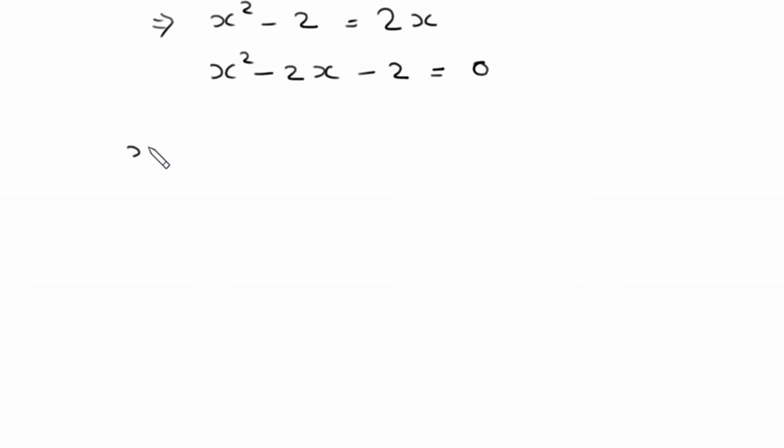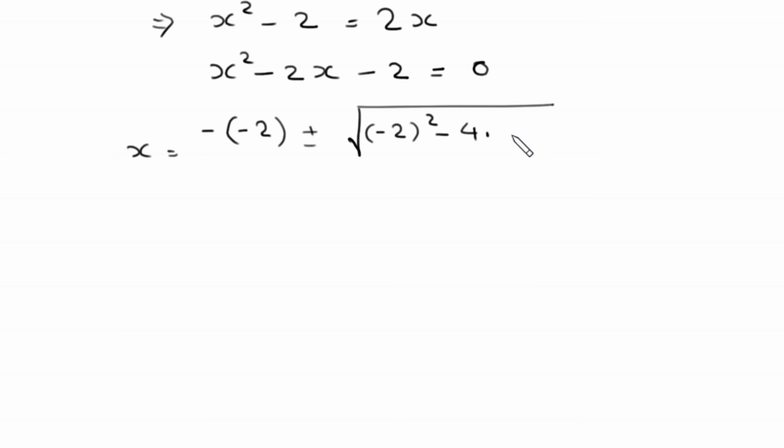According to quadratic formula, x is equal to negative times the value of b, negative 2, plus minus square root of, in place of b squared we write negative 2 squared minus 4 times a is 1 times c is negative 2, divided by 2 times a is 1.